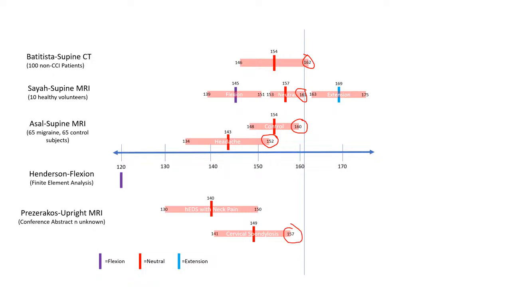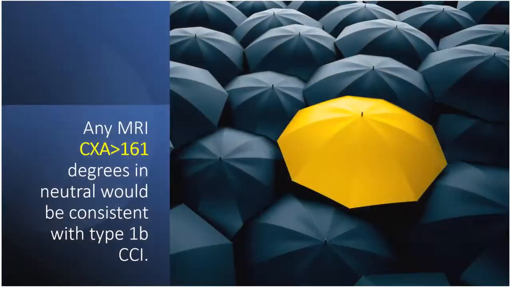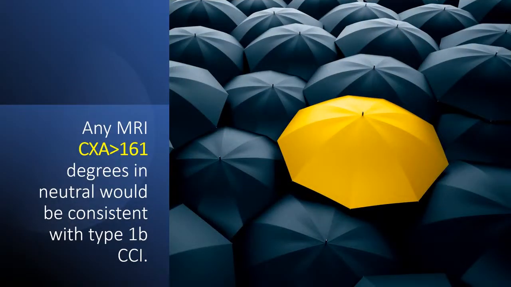In neutral for this study, 157. So really anything over 160 clivoaxial angle in neutral would be considered abnormal. The only one of these that really looked at flexion extension is this small study, so we probably won't go there, but it gives us an idea of how far posteriorly rotated that skull should be. I kind of pegged it as 160 to 162. If you go in the middle of that, 161 in neutral would be consistent with type 1B CCI, where the skull is falling too far backwards.